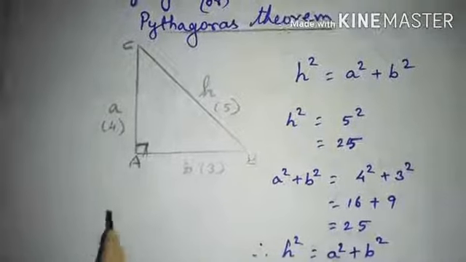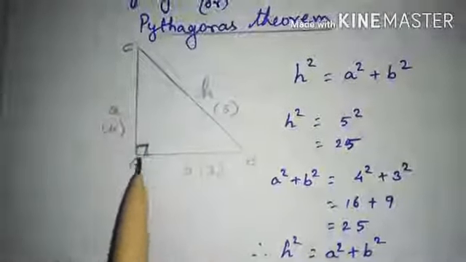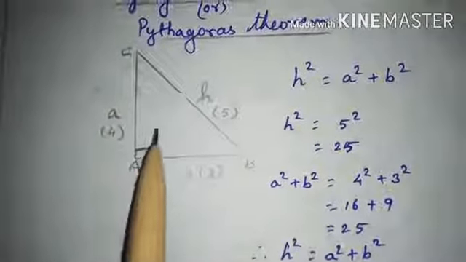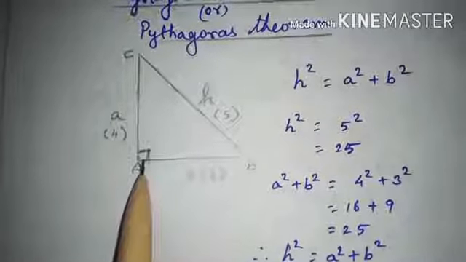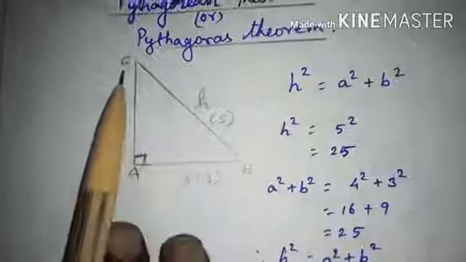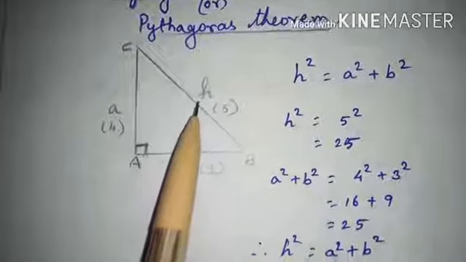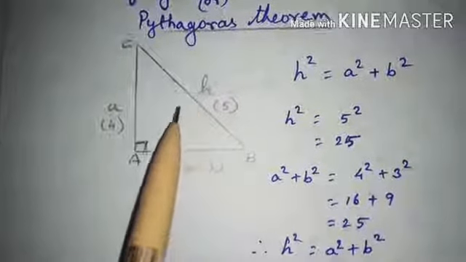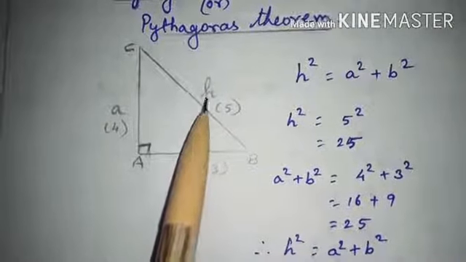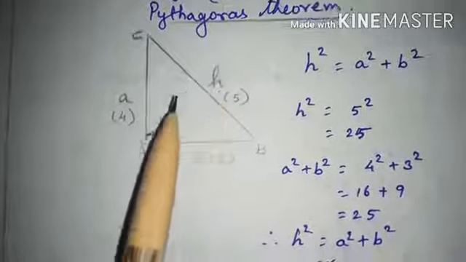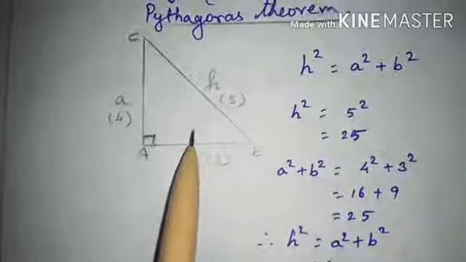In this theorem, let us consider a right angle triangle. The side which is opposite to the right angle, that is 90 degrees, is the longest side of the triangle, and we name that side the hypotenuse. The theorem states that the square of the hypotenuse is equal to the sum of the squares of the other two sides.